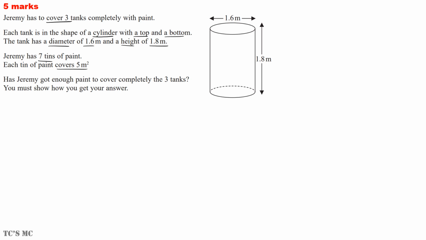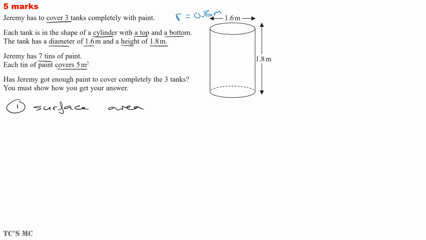To start with, I am going to work out the radius. Radius is half the diameter, so we have 0.8 meters. The question said that Jeremy is going to cover each tank, so we need the surface area.